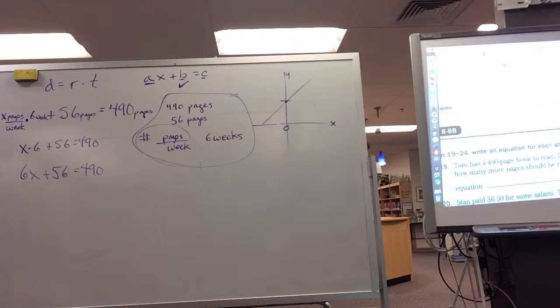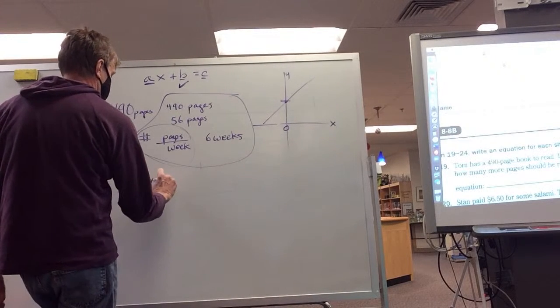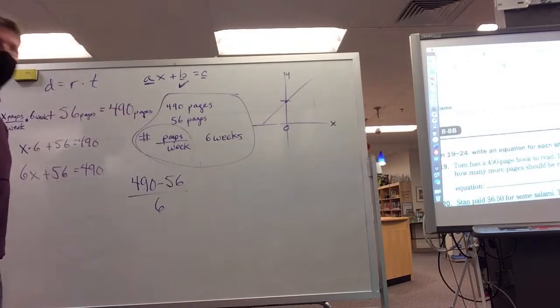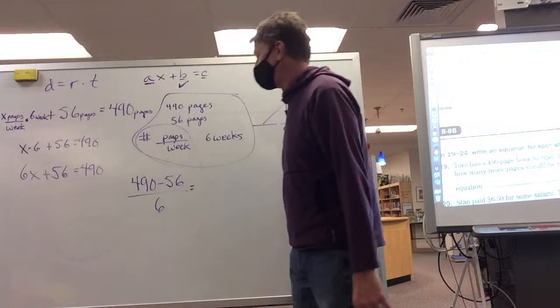Wait, so what would the answer be? I don't know. That's not the hard part. I feel like the answer is much harder than just doing the total pages, subtract the amount that he's read, and then taking that number and dividing it by 6. Yeah, it's the same exact thing. It's the same equation rearranged. And what does this equal? 72.